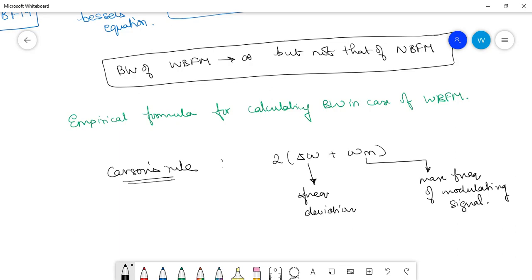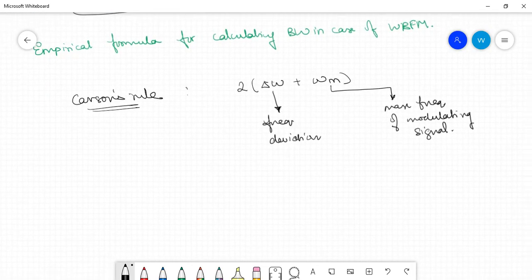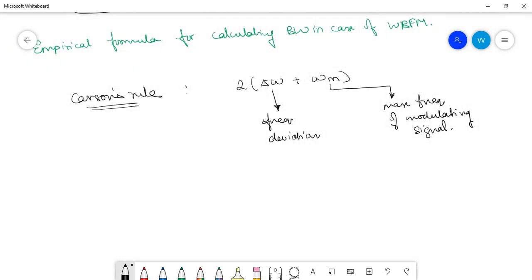So what we can say from here is that your bandwidth in case of wideband FM is majorly dependent on the frequency deviation and the maximum frequency of the modulating signal. If I were to write the same notation in terms of the modulating index, we have just seen that the modulating index m is delta omega upon omega_c, since we are dealing with omega over here.